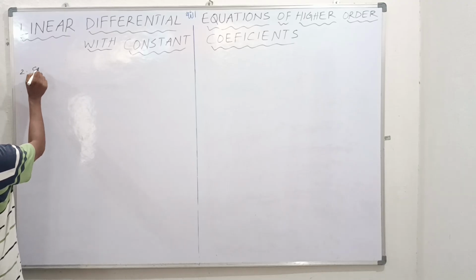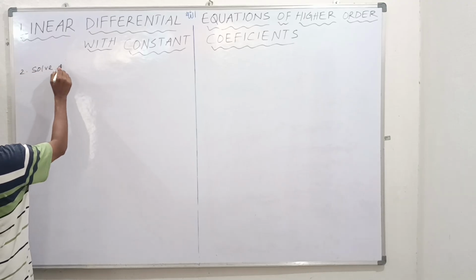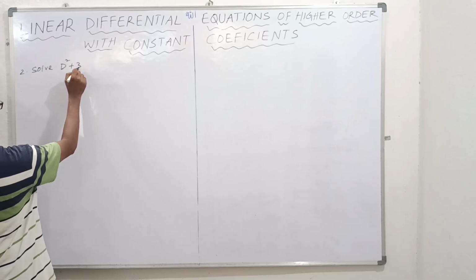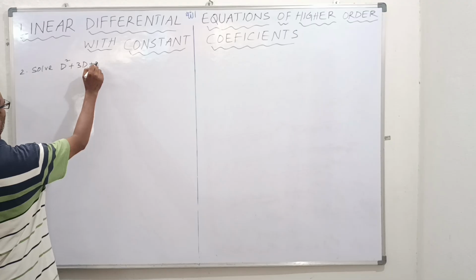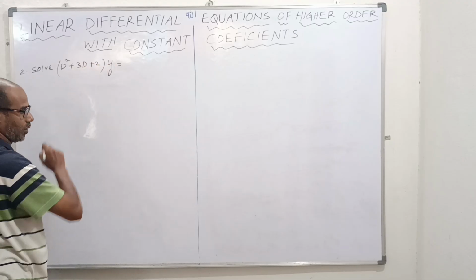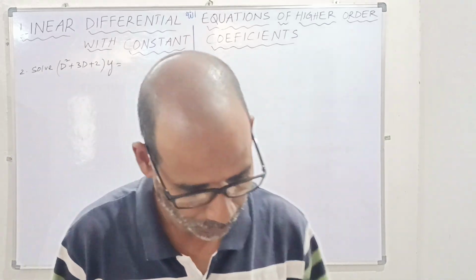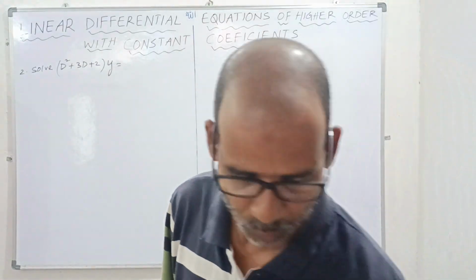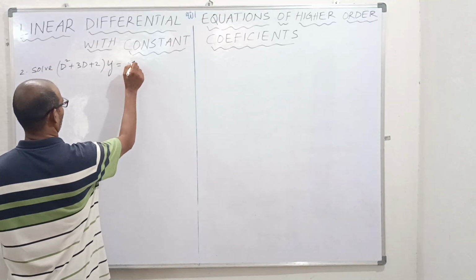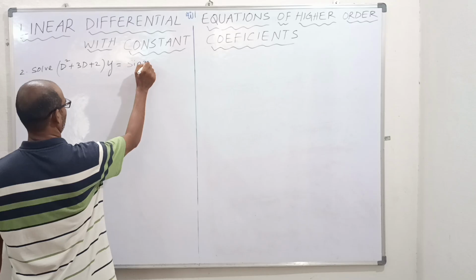Okay, solve D square plus 3D plus 2 into y is equals to sine 3x.